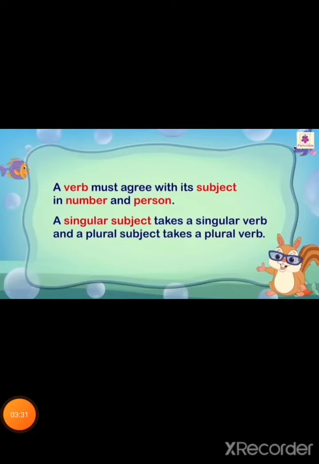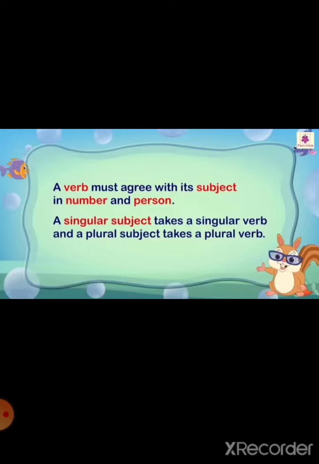Why is it number and person? I already told you, third person, singular number, first person, plural number. So all these you have to keep in mind while you are adding the verb.